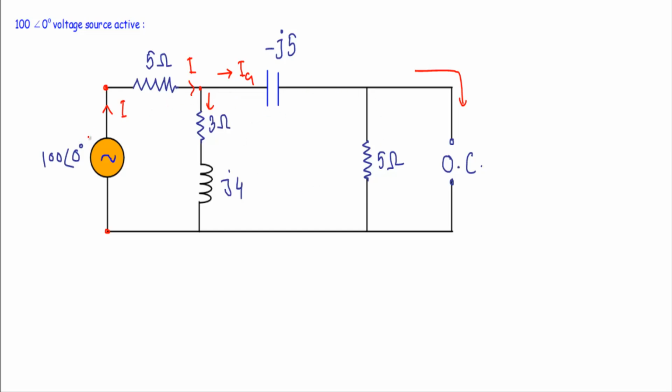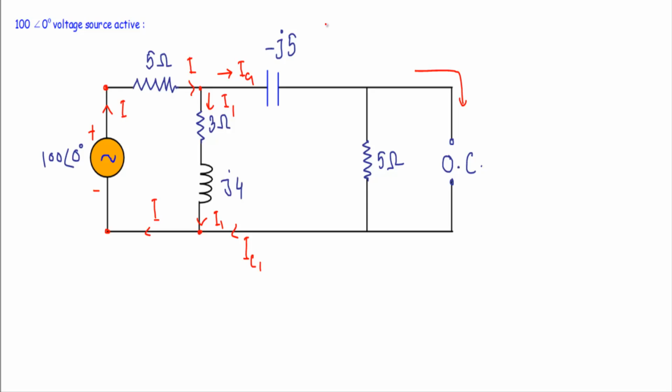See, if this is the positive terminal and this is the negative terminal during the positive half cycle, IC1 will be flowing in this direction. Let's say the current flowing through this other path is I1. This I1 will be the same up to this point. I1 and IC1 will combine and return to the source as total current I. So this will be the total current flow in the circuit.